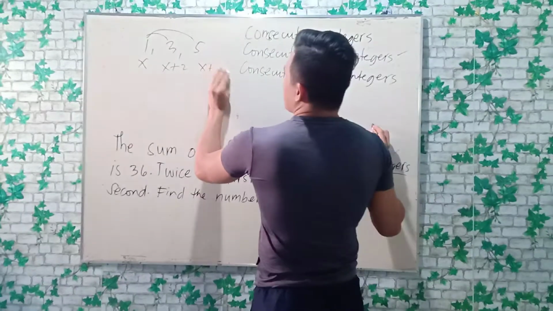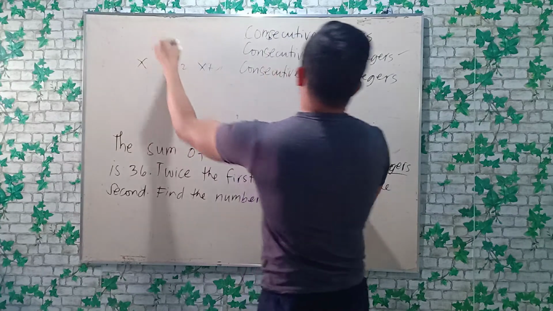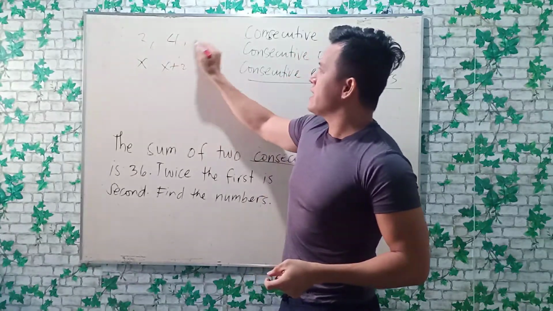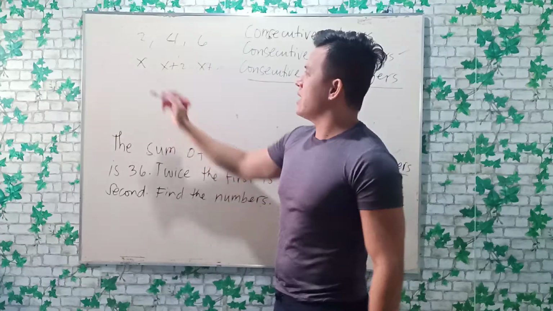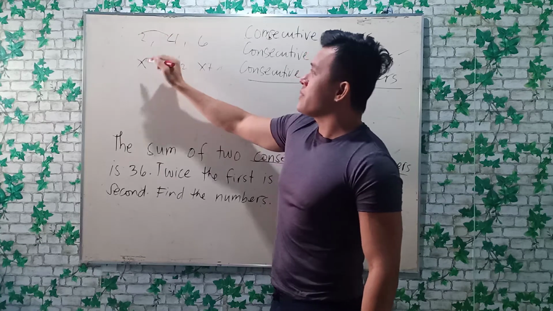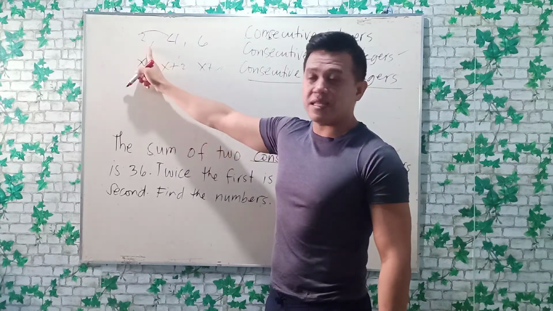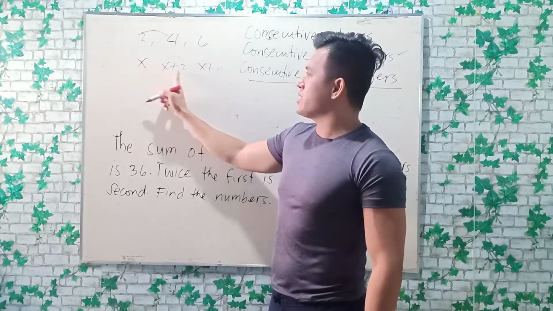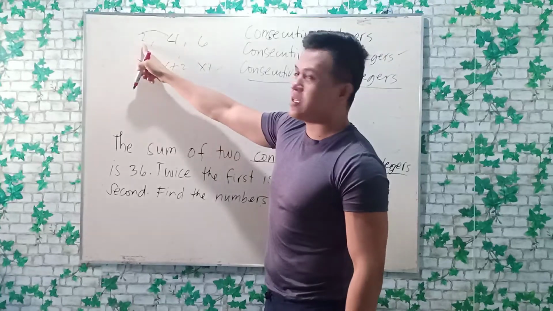Now, if we go to consecutive even integers, we have 2, 4, 6, and so on. Let x be the first integer, and 4 with respect to 2 is 2 greater than it, right? So that's why it's x plus 2, and the first integer is 2.